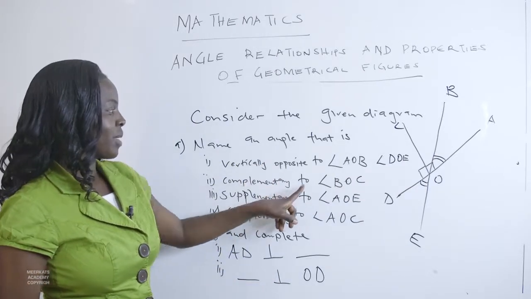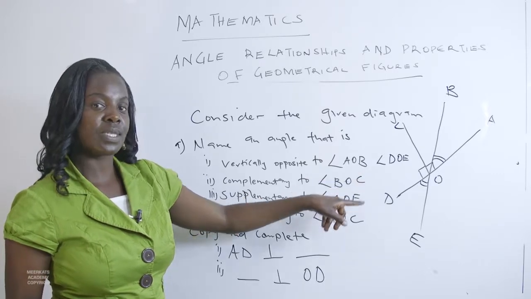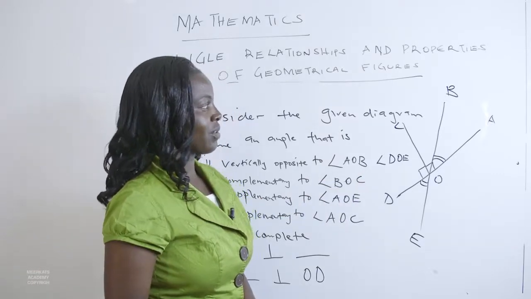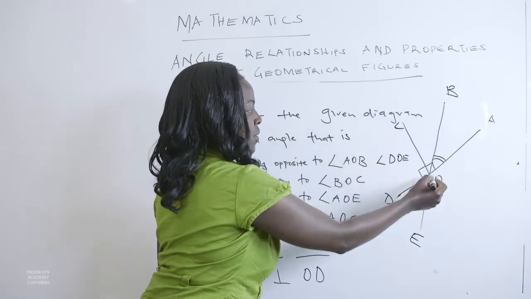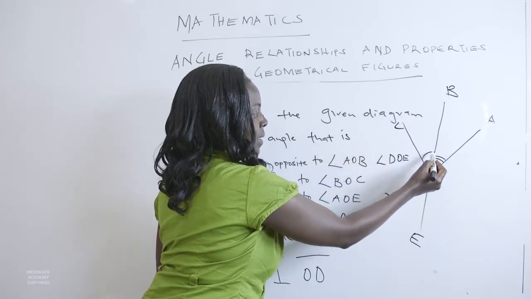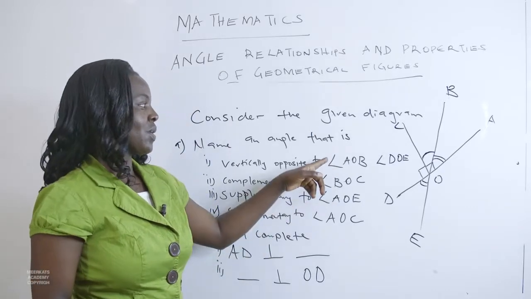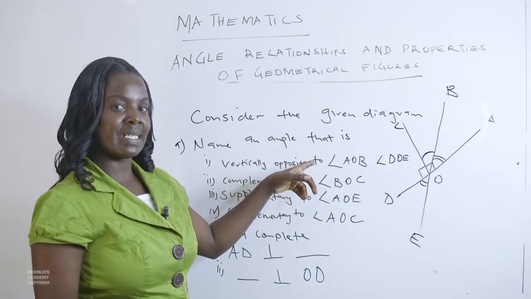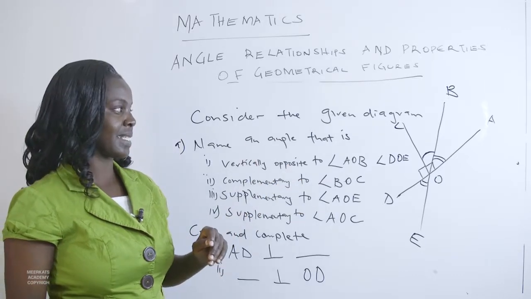Name an angle that is complementary to angle B or C. So let's identify angle B or C. This angle here. You should be able to remember the meaning of the word complementary, and we have said it means two angles which add up to 90 degrees.